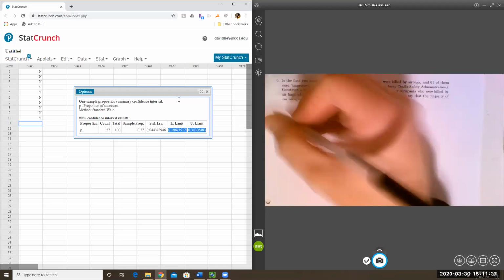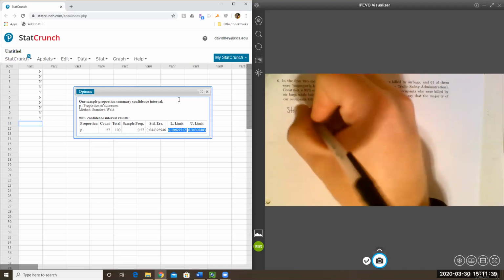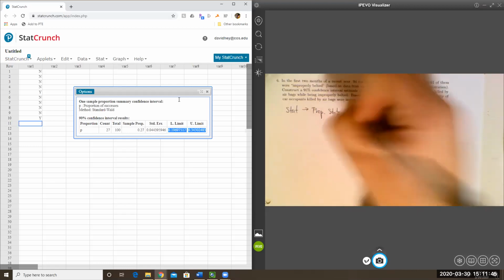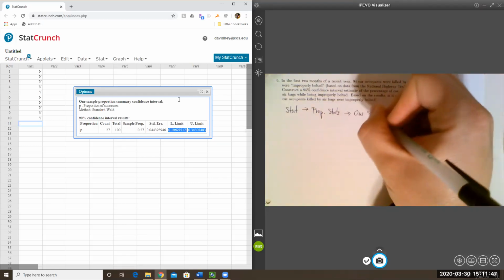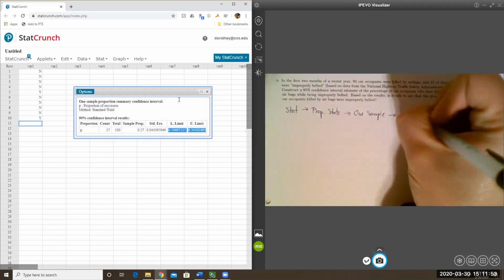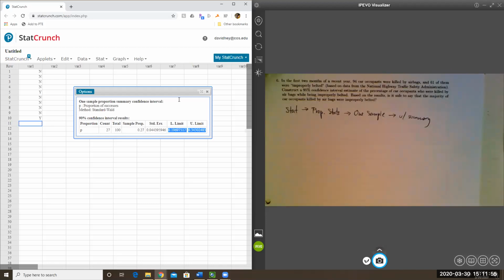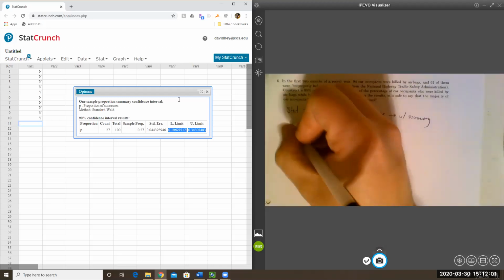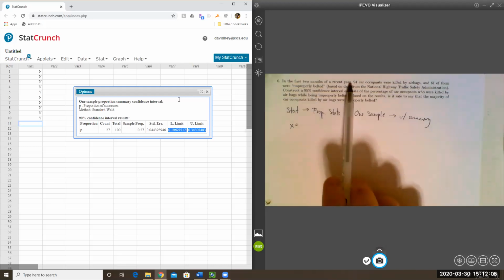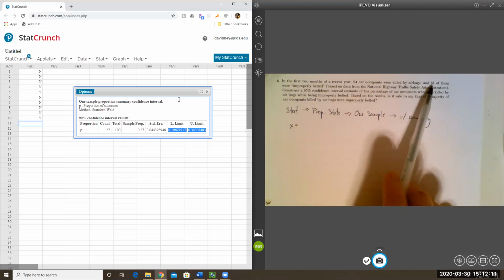To find that, we're going to go to Stat, Proportion Stats, One Sample, with Summary. We don't have raw data, right? So we'll say with summary. We'll be prompted for the number of successes. In this case, we're told that 94 car occupants were killed by airbags. 61 of them were improperly belted, right?